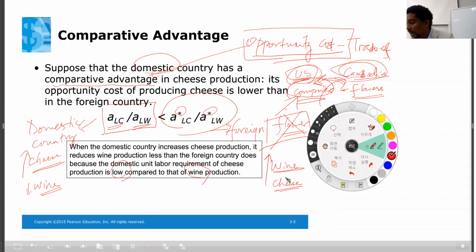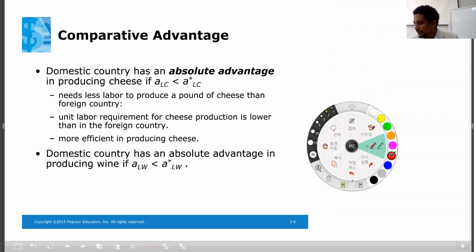So in this slide, I want you to understand clearly what a comparative advantage is. Okay. So here, the domestic country has an absolute advantage in producing cheese if the unit of labor required to produce cheese is less than the unit of labor required to produce cheese in a foreign country.